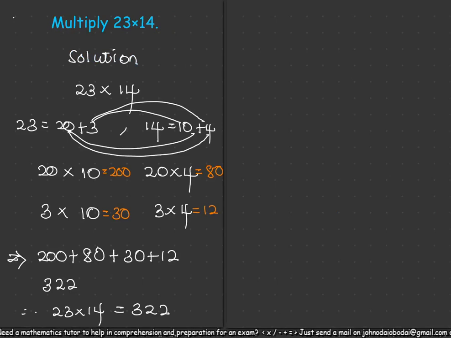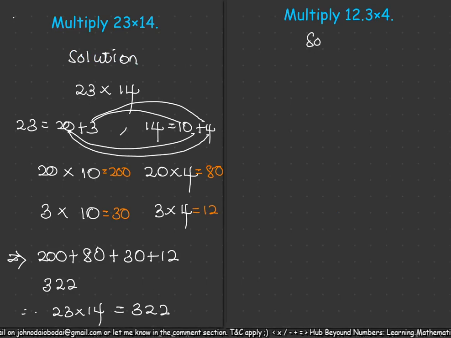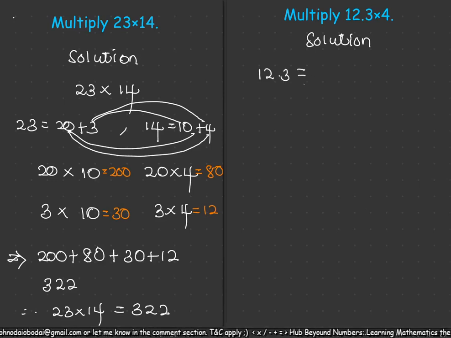Let's take this example. For this one that involves a decimal, it is just like the first one we did. All right. So for our solution, all we need to do is write our 12.3 in its expanded form. So 12.3 gives us 10, that is for the whole number, so 10 plus 2 and then plus 0.3.